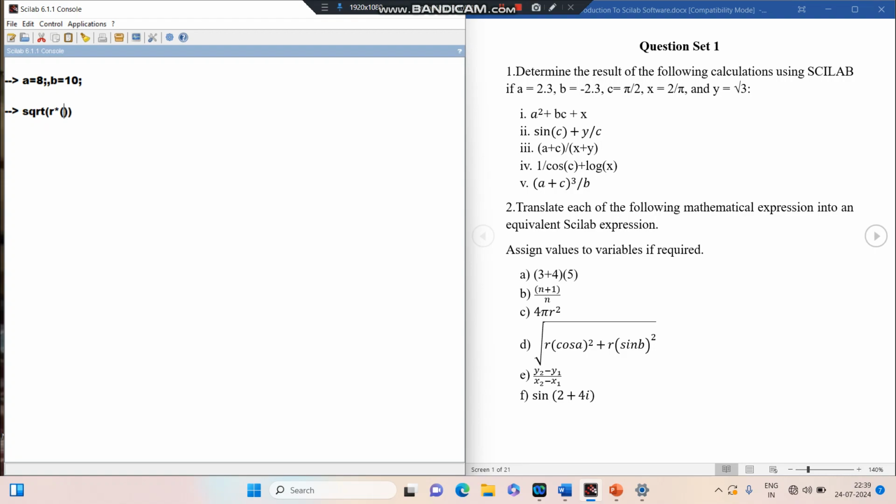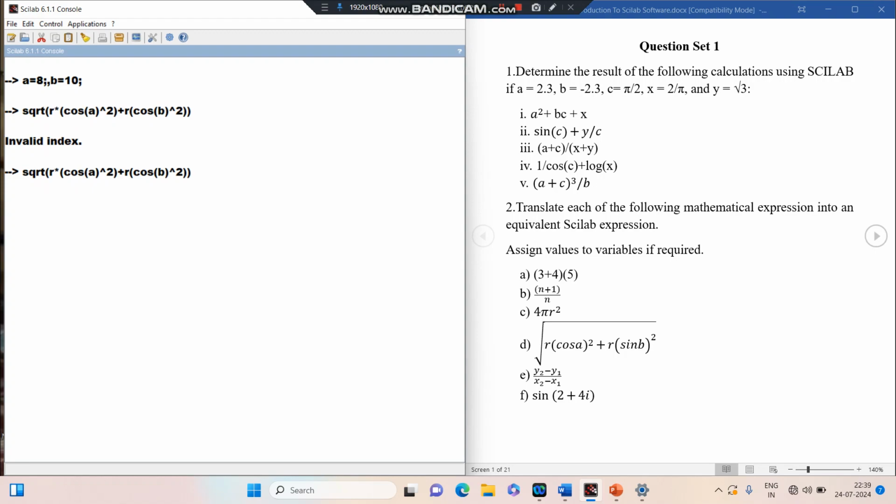So we are going to write cos in the bracket a, and this to the power 2, then plus, again r is there, in the bracket we are going to write cos and the angle b, and same to the power 2. So this gives me sqrt r cos of a plus r cos of b to the power 2.